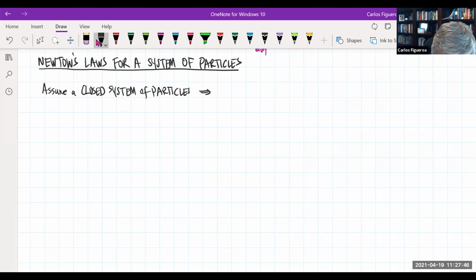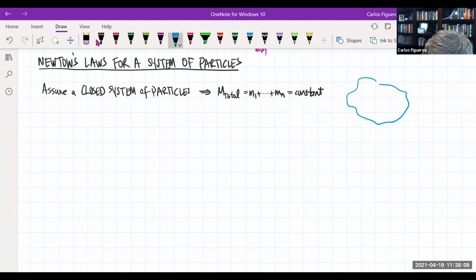And what that really means is that when we're talking about the total mass of the particles, however many they are, this is a constant of the system. And so when I'm thinking about this closed system of particles, I imagine something like this here. Here's my system, right? And now I have a system of interacting particles. So I have a particle going like this, maybe like this, however they're moving here.